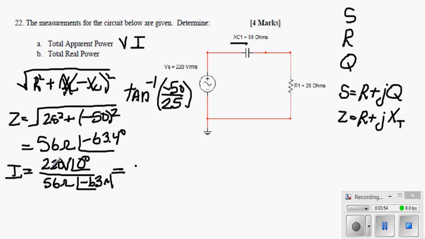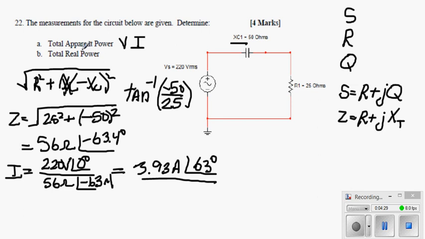From the math, we'll take the 220 divided by the 56 to give us the magnitude, and then we'll take the 0 minus the negative 63 to give us the phase shift. So I got 3.93 amps. And of course, 0 minus a negative will give you a positive value for the phase shift. Okay, so that's the current.